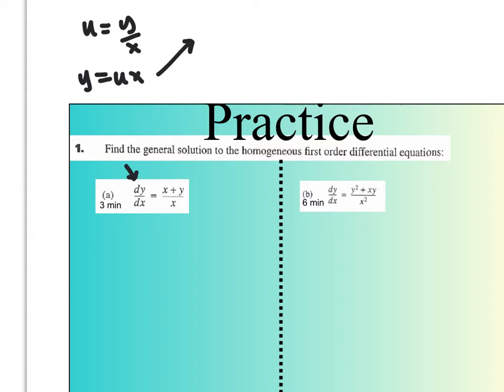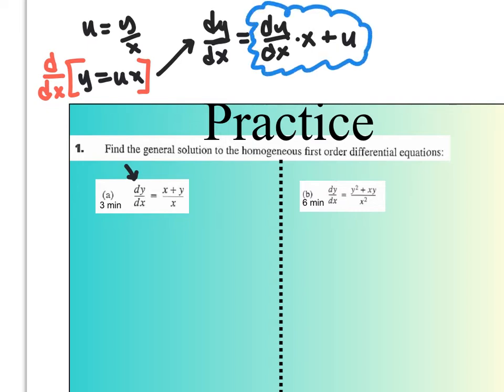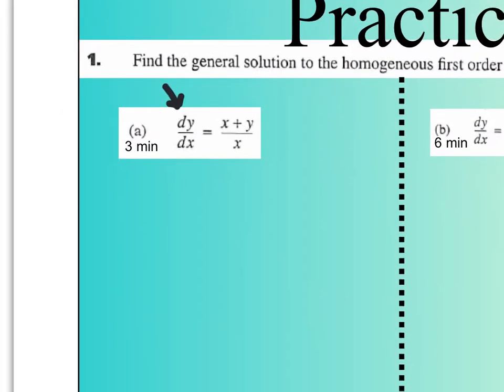So if I took the derivative of this with respect to x, I would get that dy/dx is equal to, and I'd have to use product rule here, du/dx times x plus u. So I'm going to be using this right here as a direct substitution for dy/dx as I go through a couple of these problems.